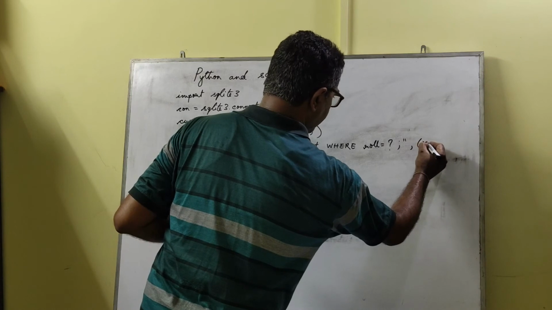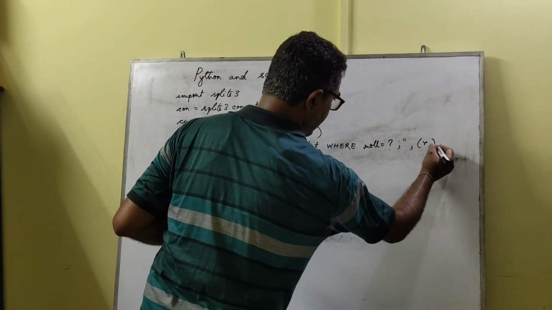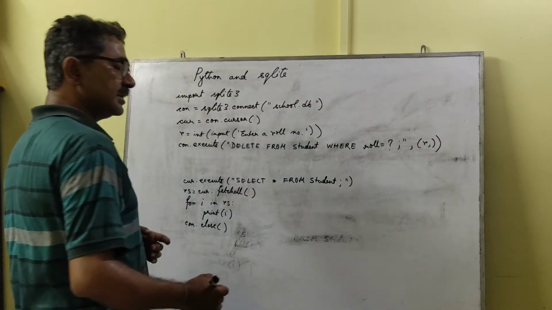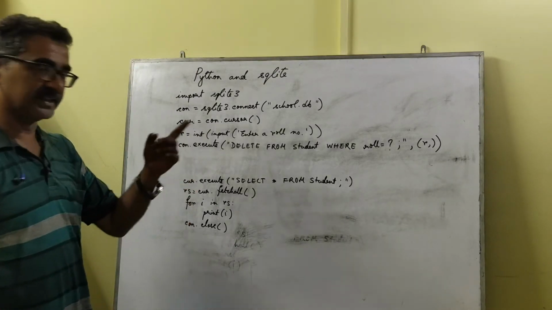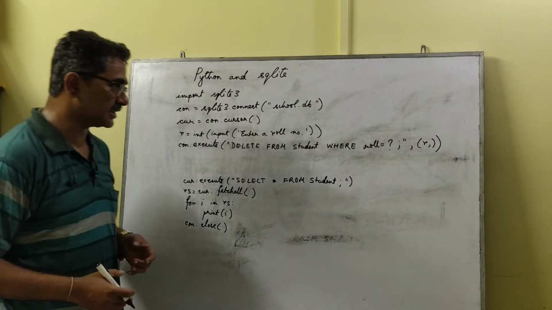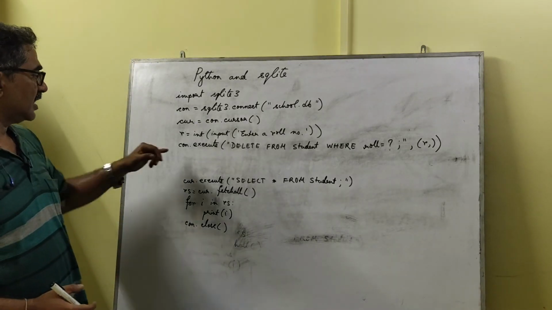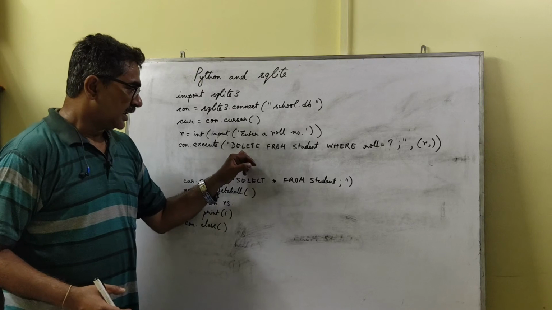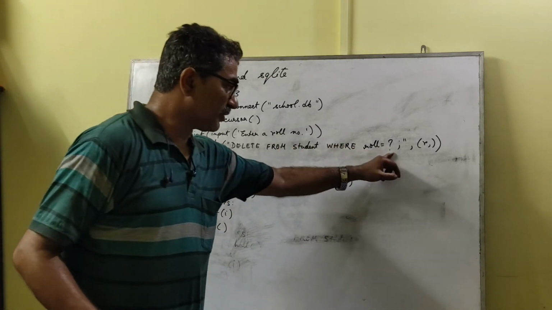And here we have a tuple with a single content. Remember the comma out there. Even if there is a single content of a tuple, do not forget that comma. Otherwise, it will be treated as a mathematical expression within parentheses. So it will result in error. So con.execute, delete from student where roll equal to question mark.